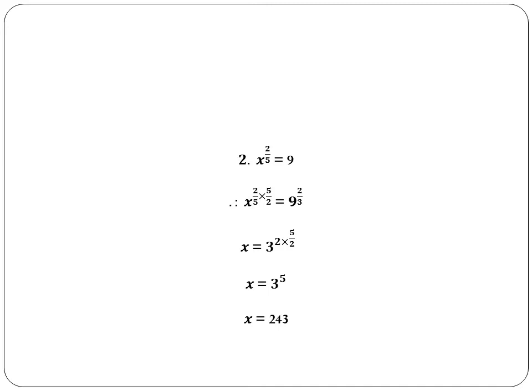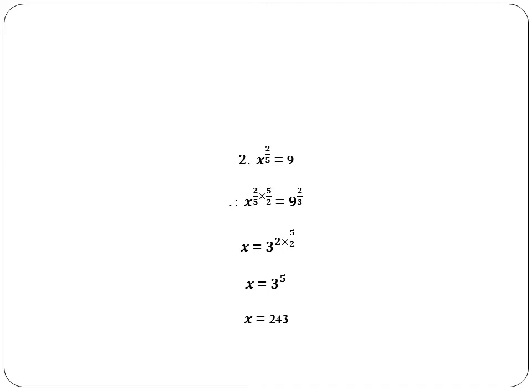So therefore, we are going to have x, 2 divided by 5 times 5 divided by 2, is equal to 9 to the power 5 divided by 2. Sorry, learners. So therefore, 2 times 5 will give us 10, and 5 times 2 will give us 10. 10 divided by 10 will give us what? 1. x to the power 1 is x.